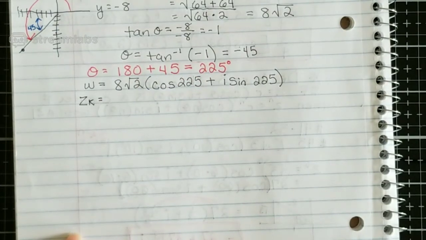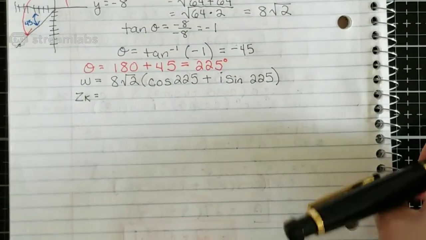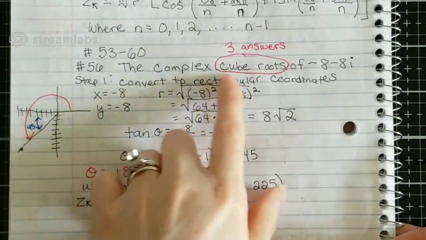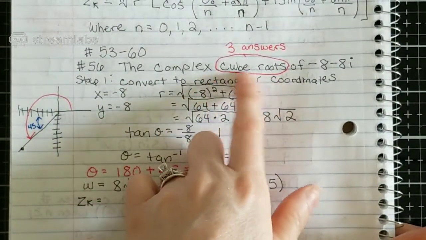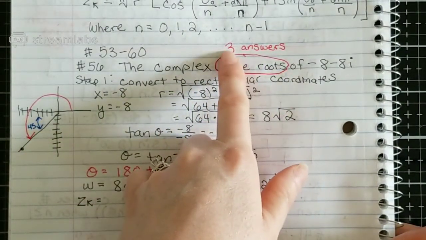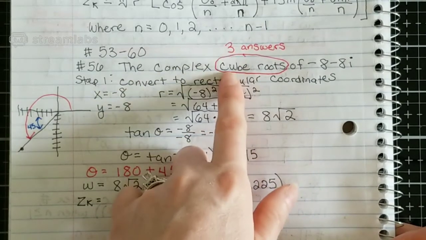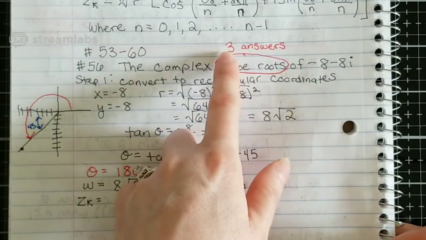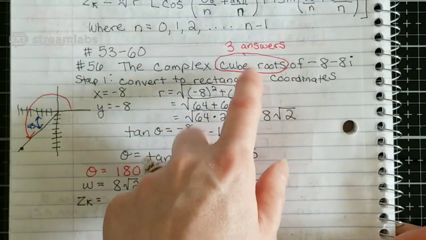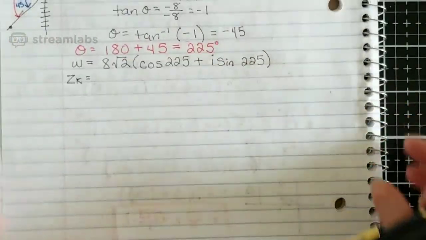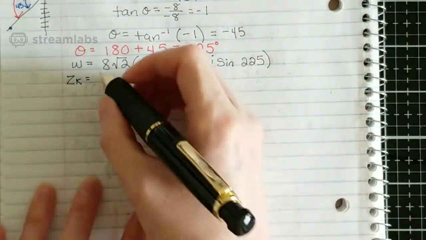Now they tell you the n in the very beginning. If you don't go back and read the beginning, you're going to be sitting here wondering what in the world is n. Well, they tell you in the very beginning the cube root. So that's your n. So your n is going to be 3. Okay, if they said 4th root, then your n would be 4. 5th root, your n would be 5. So you're going to have to read to see what they give you for your n. So this is going to be the cube root.